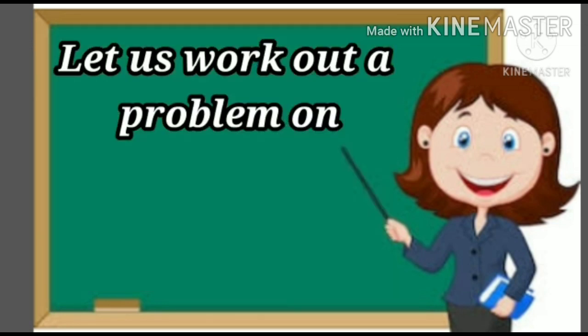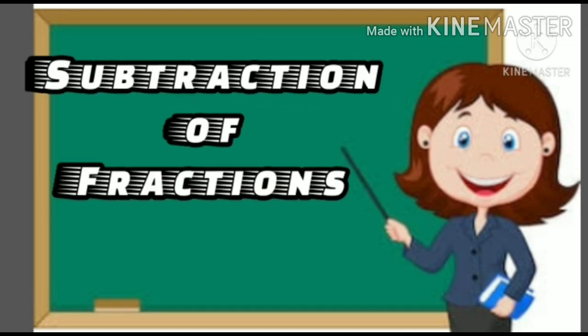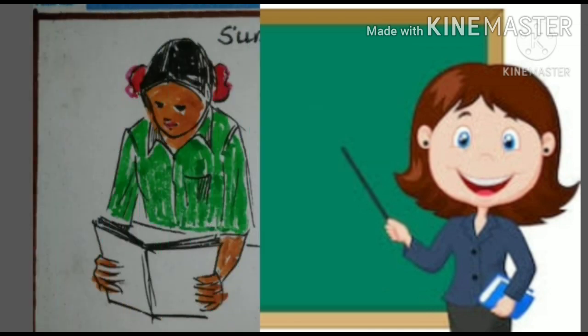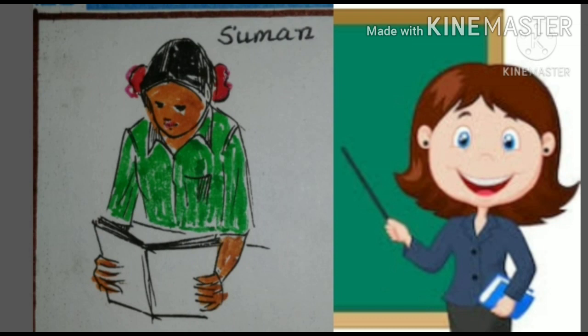Let us work out a problem on subtraction of fractions. Suman studies for 5 2/3 hours daily. She devotes 2 4/5 hours of her time for science and mathematics. How much time does she devote for other subjects?